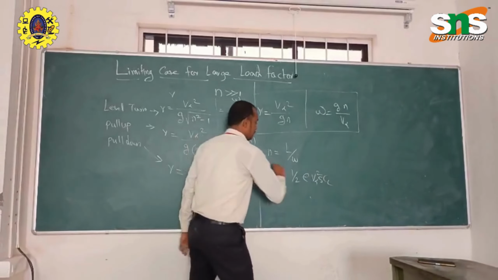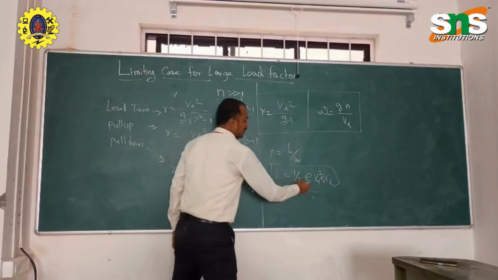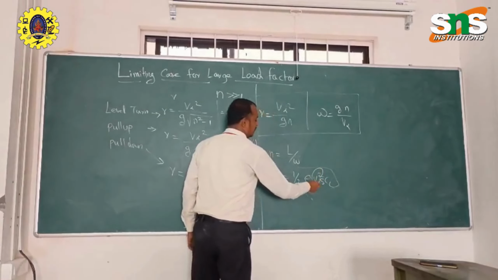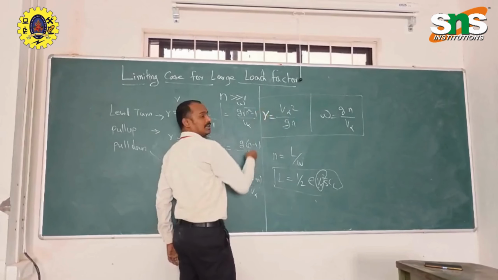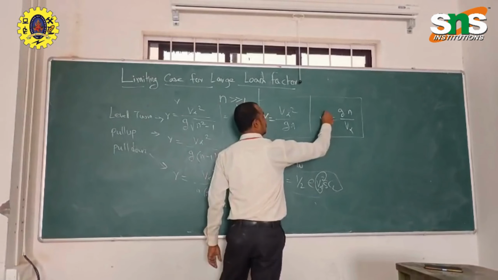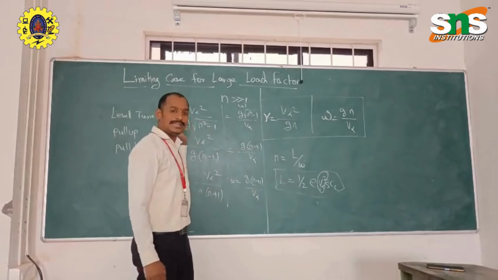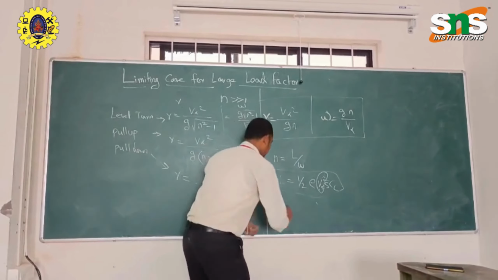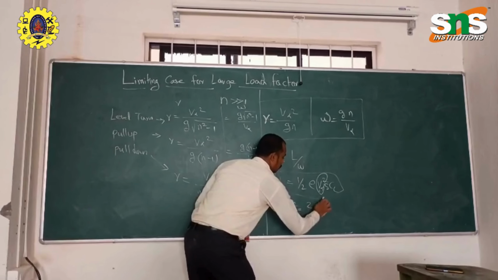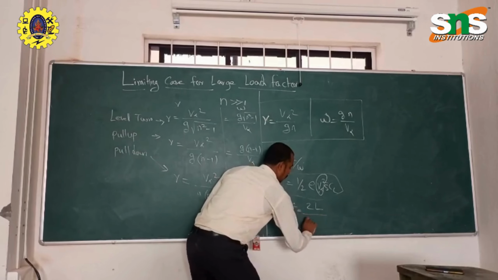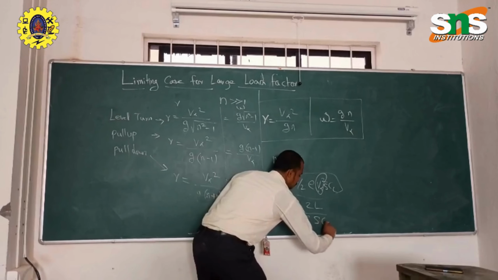This is the lift equation. From this equation, we can find out V infinity, which helps us to understand the turn radius and the turn rate for all the conditions. So from this, we get V infinity square equal to 2L divided by rho S CL.